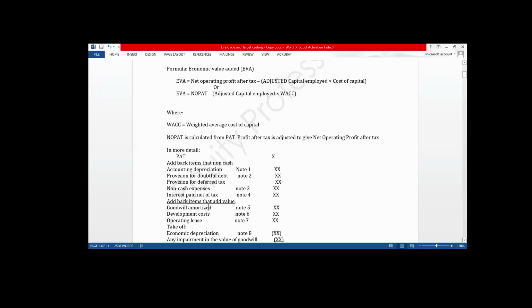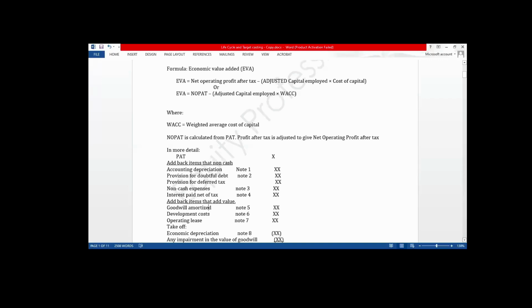Then if there's operating lease cost, if you incur cost on operating lease, that cost should not be treated as an expense. Rather, it should be capitalized. You are going to add back the operating lease expense, and the asset will be capitalized.